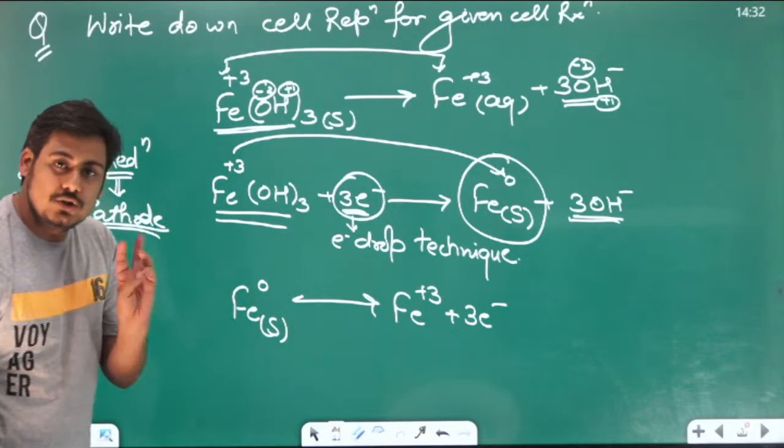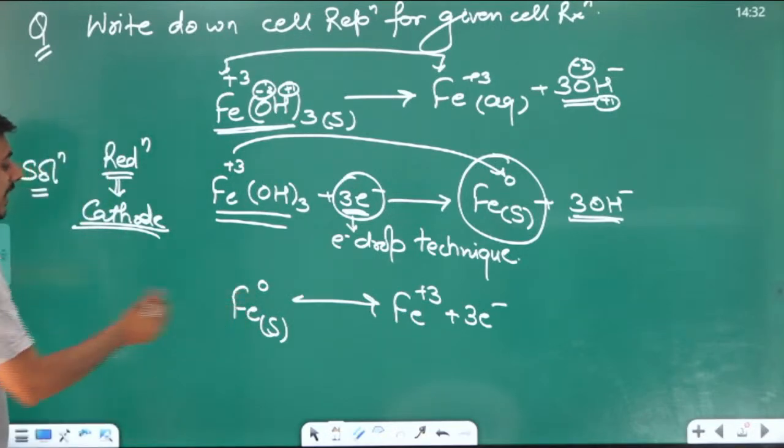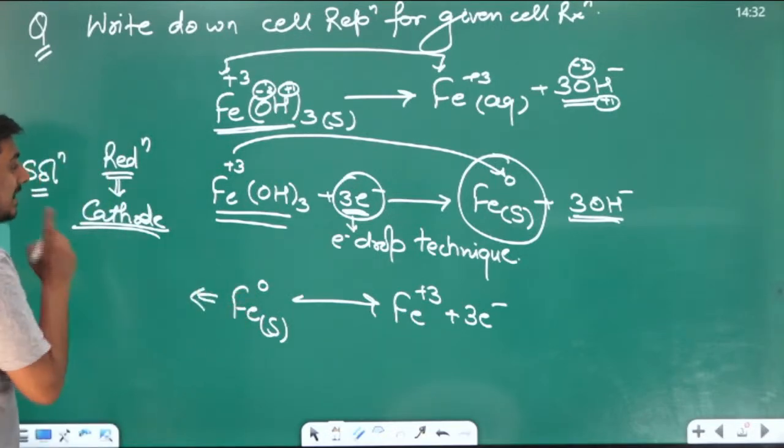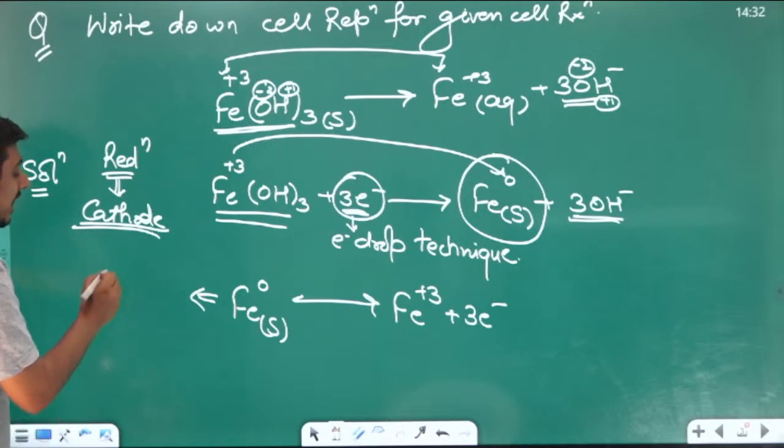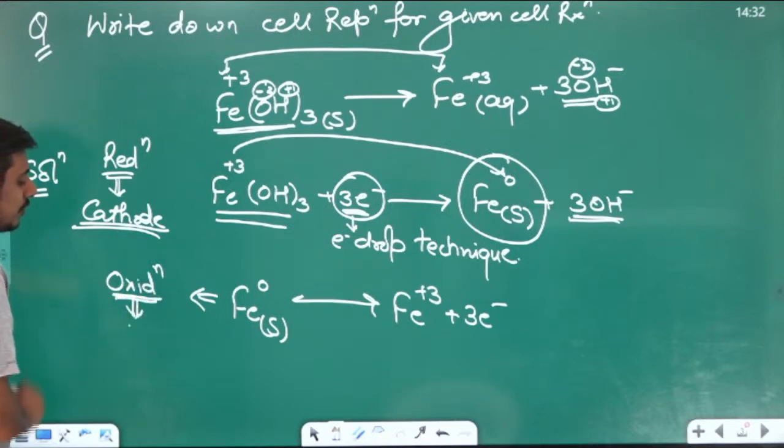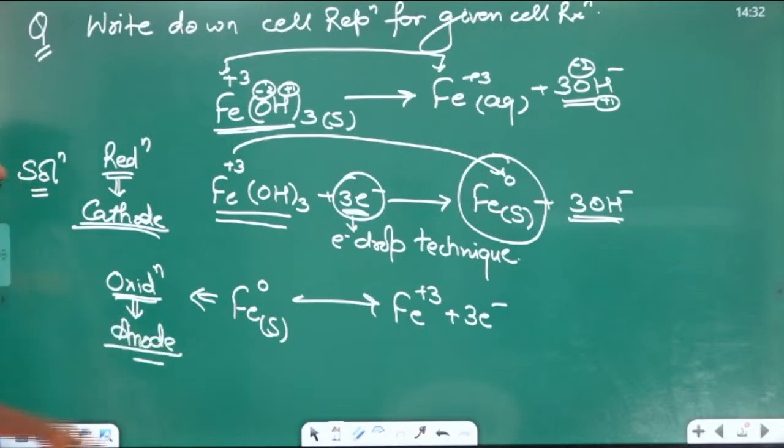Definitely it will undergo loss of 3 electrons, and if a species is undergoing loss of electrons, that is known as oxidation. And oxidation in electrochemistry according to IUPAC takes place at the anode. This is the definition of anode basically. So I have now written the reduction as well as the oxidation reaction.